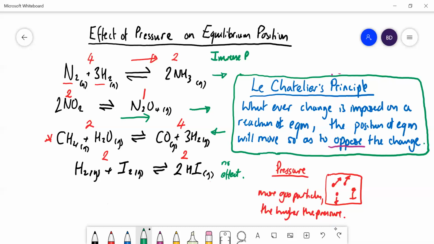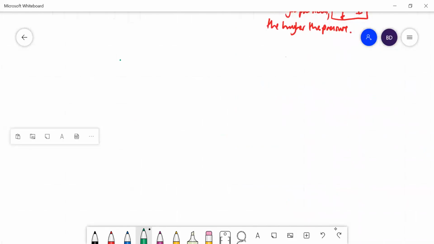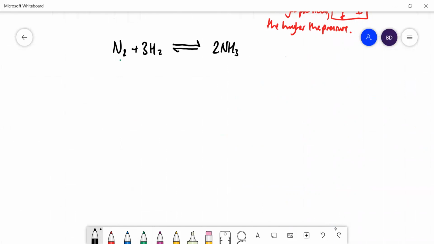So anyway, let's have a little think about the ammonia reaction. I'll just write it down again. That reaction is actually slightly exothermic in the forward direction, so delta H is negative in the forward direction.